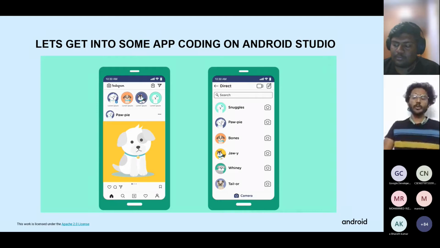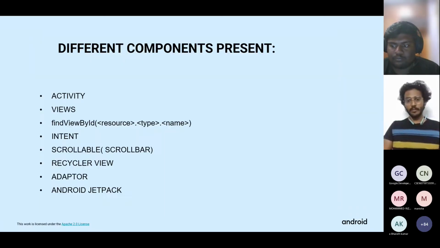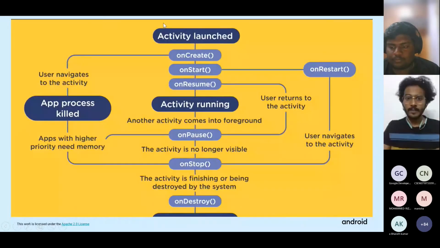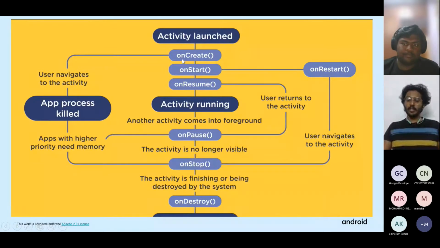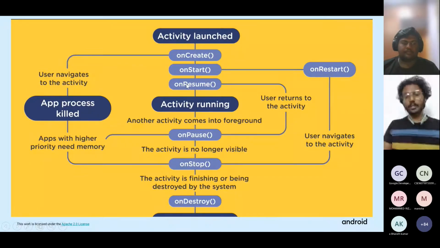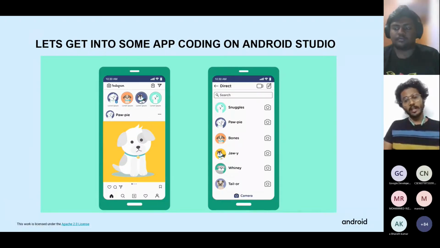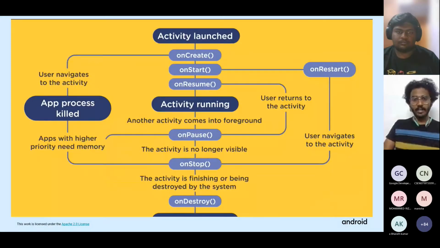This activity will go through different phases. These are all the different phases an activity goes through when we start an application. When you navigate to the second screen, the chat screen, the first screen will be resumed, and then it will be stopped until you get back to the news feed screen.